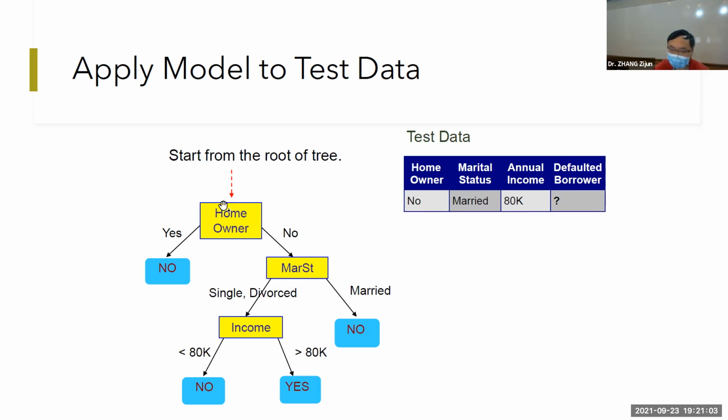We start from the root of the tree. We first check the value of homeowner. It is no. Then we go to the second decision stage and check the marital status. We see it is married. Then we can make a decision: the tag of Y is no.